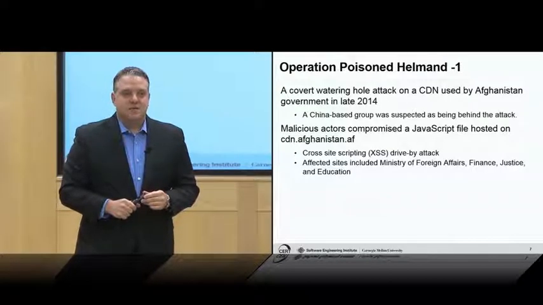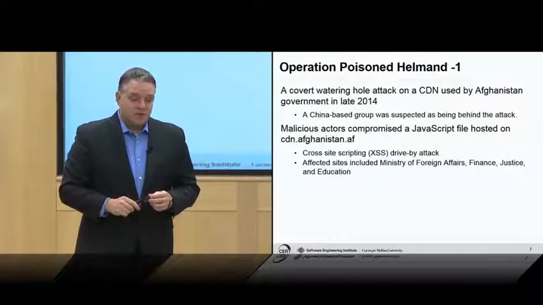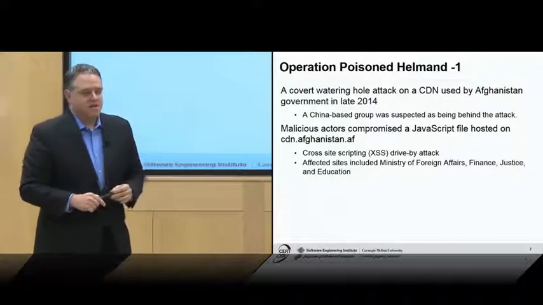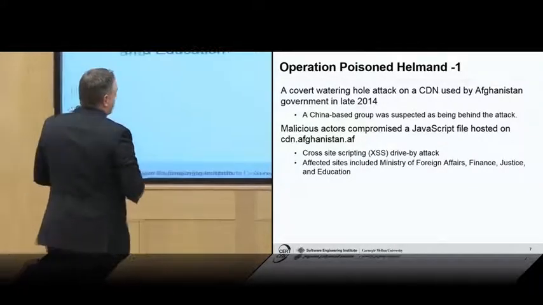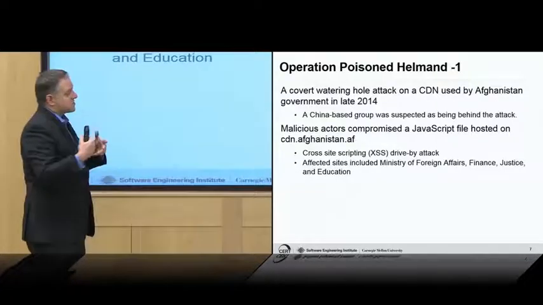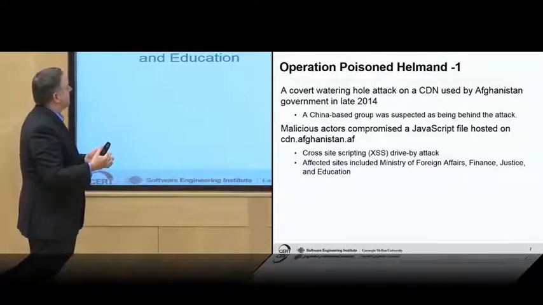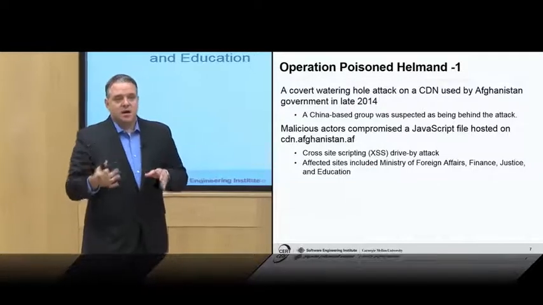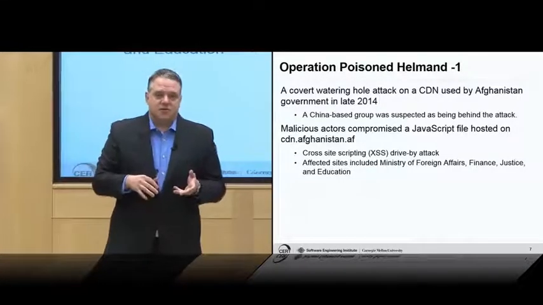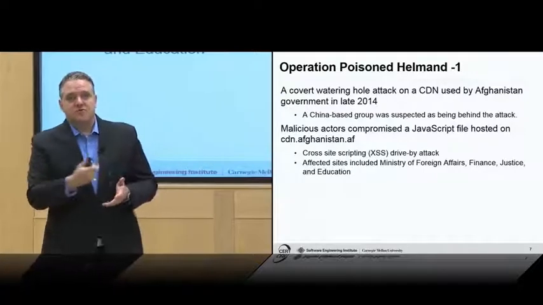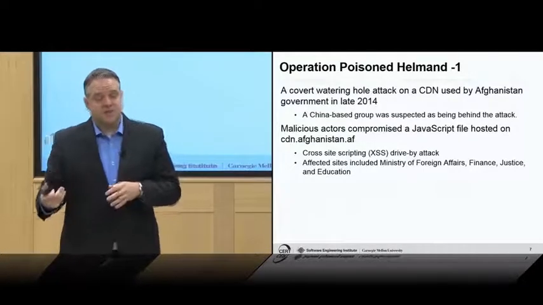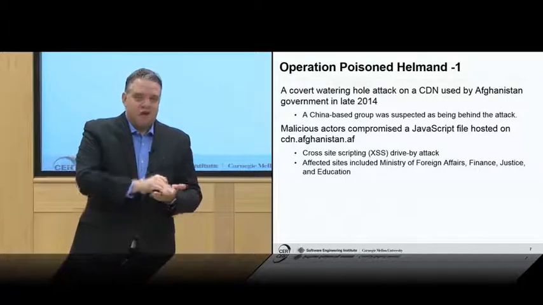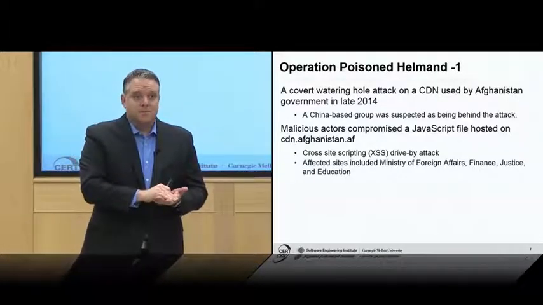Another interesting example was a covert watering hole attack against a content delivery network run by the Afghanistan government. The attack was suspected as coming from a China-based group, but essentially they had compromised a JavaScript file on the content delivery network, and they were using it to do drive-by attacks with cross-site scripting attacks against visitors to the Afghanistan government website.